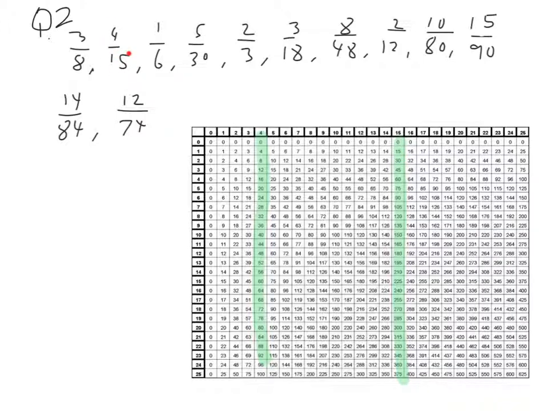Is there another fraction that's equivalent to that one? 4 multiplied by 2 is 8, 15 multiplied by 2 is 30. Again, we keep doing this until we find an equivalent fraction. And if you have a look, you'll notice that there isn't one that exists in this list here. So we can rule that one out as well. So now let's go to the next one.